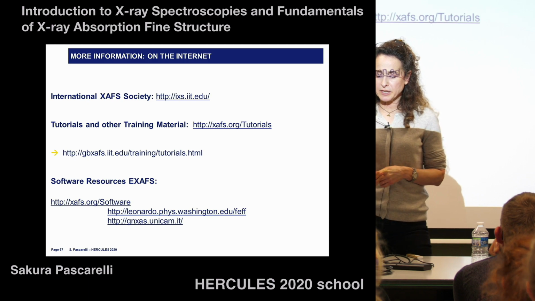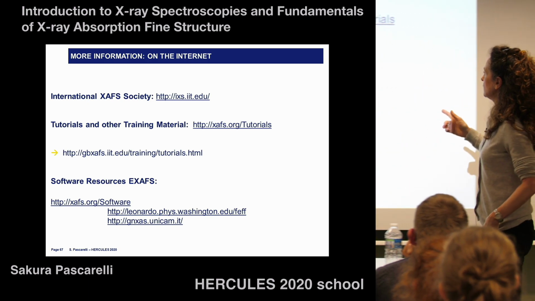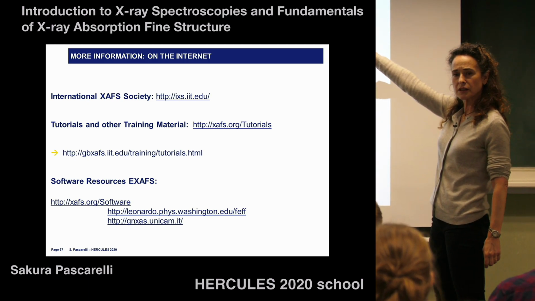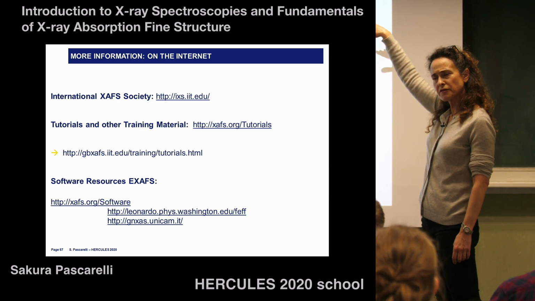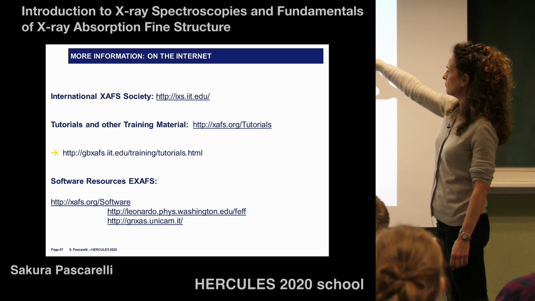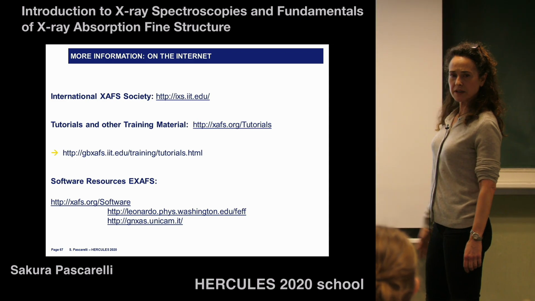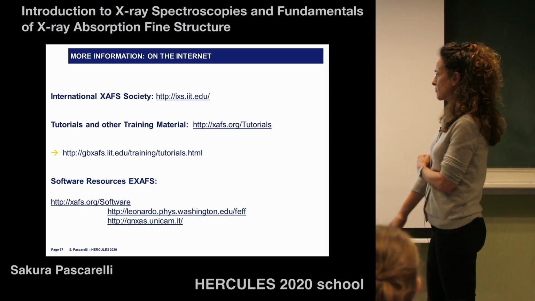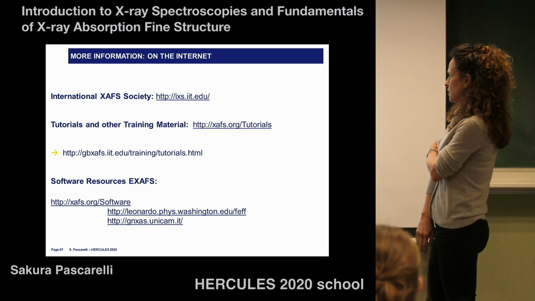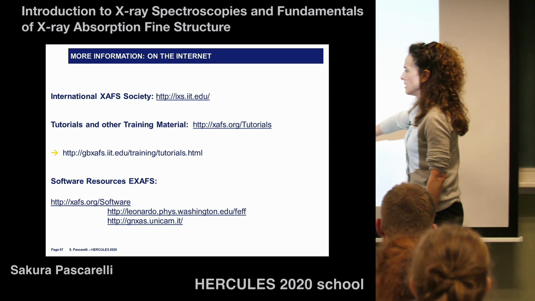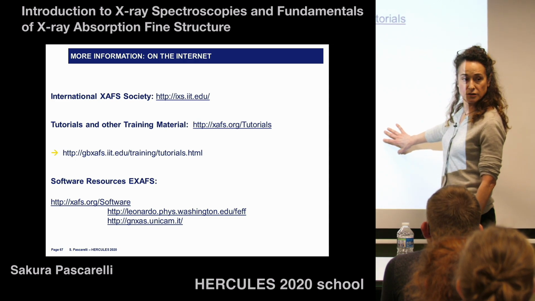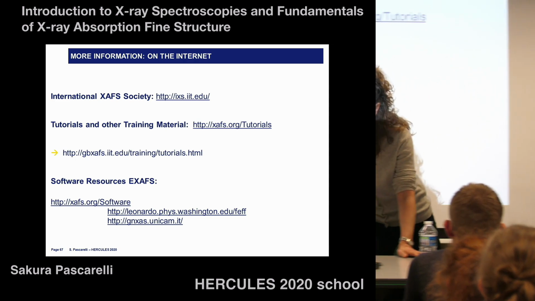If you need more information, you can go on these websites. A lot of this training material, especially some of the slides at the beginning, I took from these websites. Some others come from my PhD thesis. Others I made during the years. Here's where you can find the software I talked about. So all those codes, you can go there.